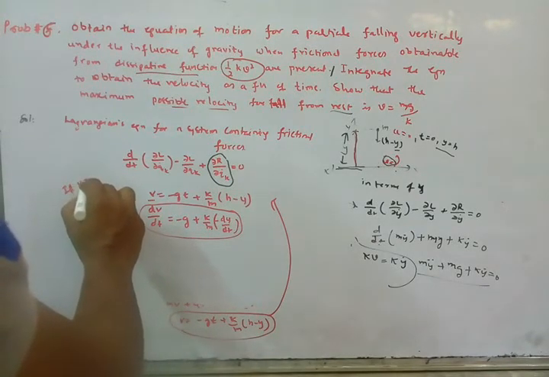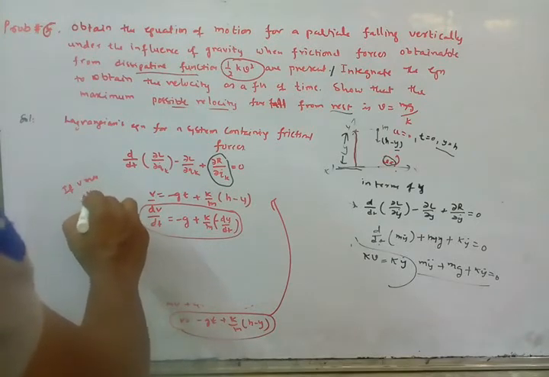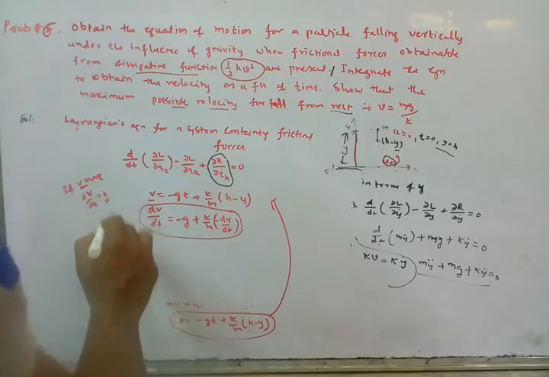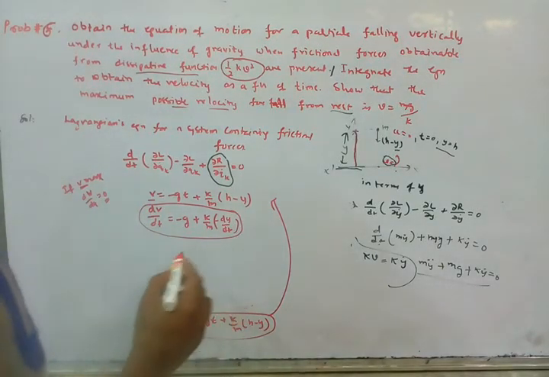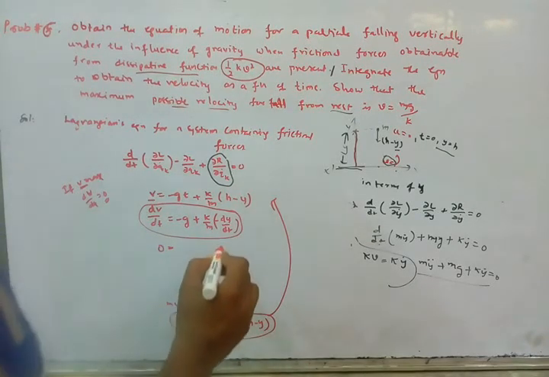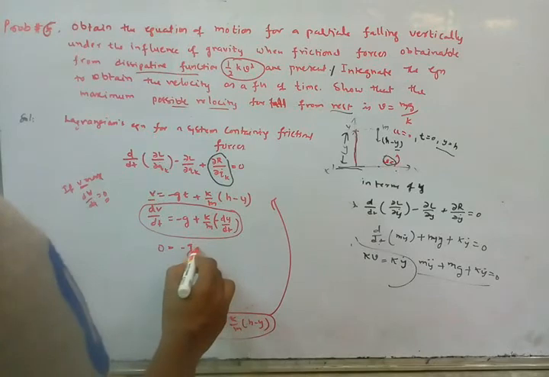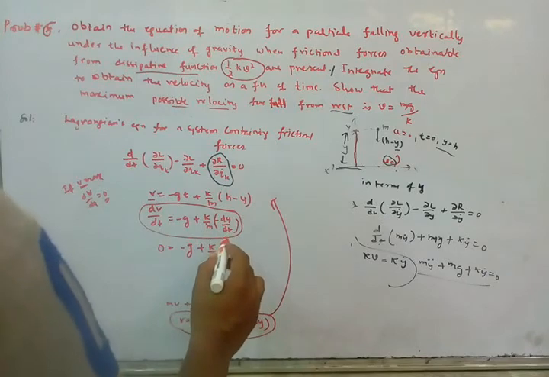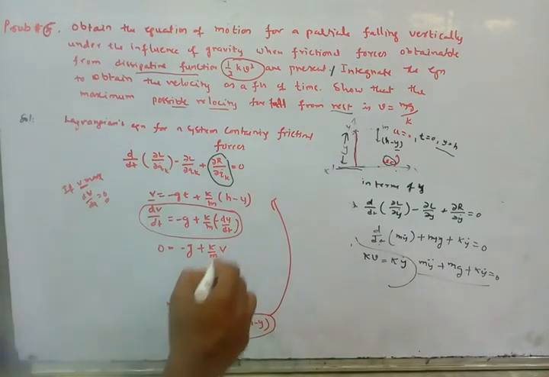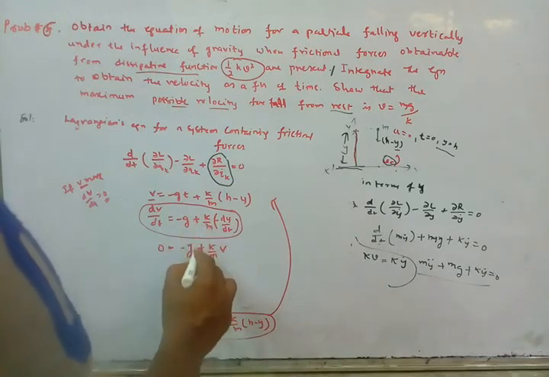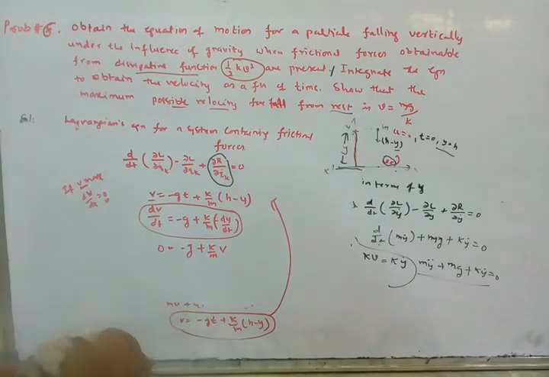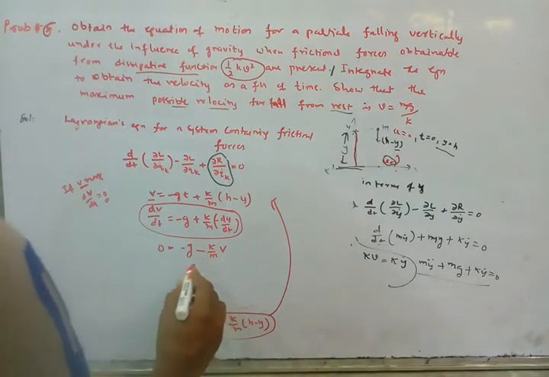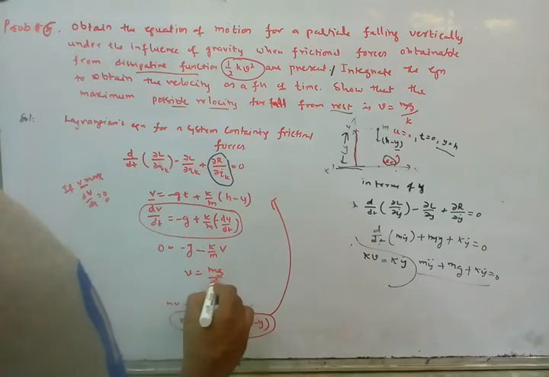If v is maximum, the differentiation with respect to time is equal to 0. Then minus g, minus k by m into v, since dy by dt is nothing but v. So v equals mg by k.